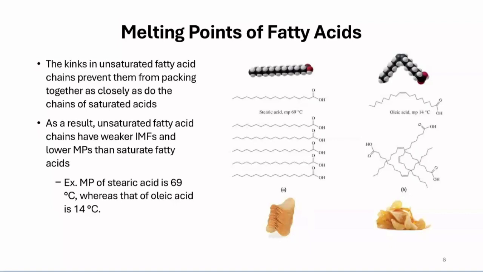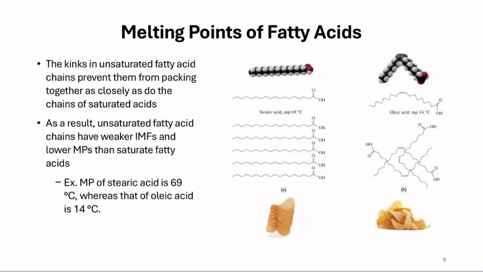What happens is that the carbon-carbon double bond introduces to the molecule what is called a kink. And these kinks basically prevent them from packing together as closely as the chains of saturated fatty acids. As an effect, we see that the melting point of unsaturated fatty acids is decreased.